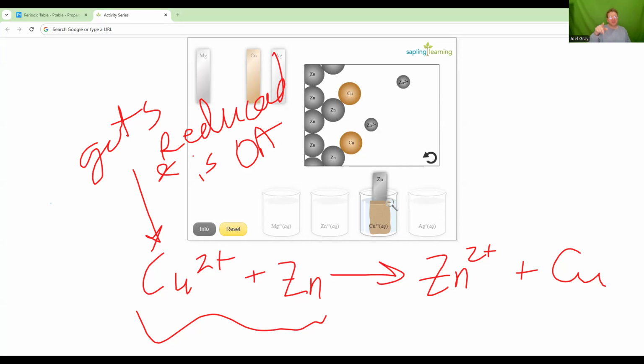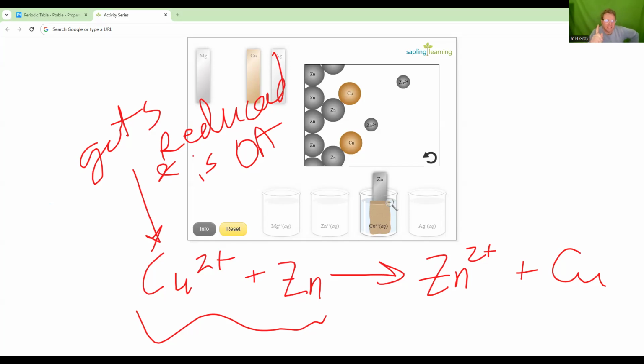Go through this activity. It asks you to basically take these metal strips and throw them into the different solutions and kind of gets you to answer what is taking place there. Okay. What we talked about today is lots of different terms, and some of these terms are almost the exact same thing.